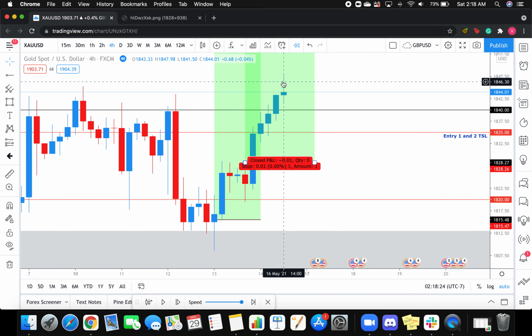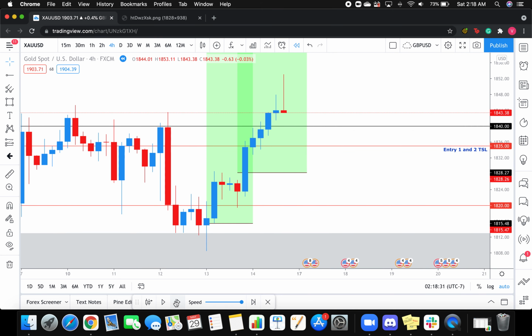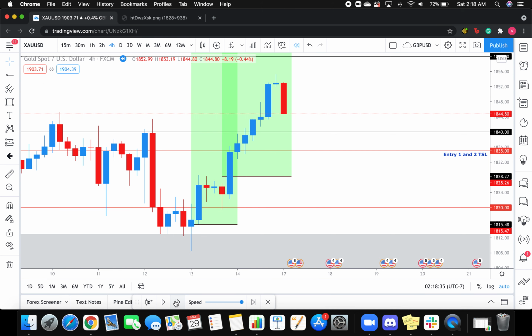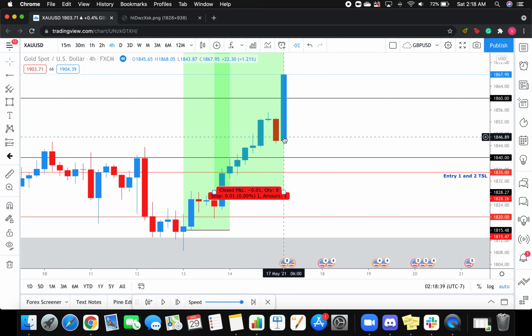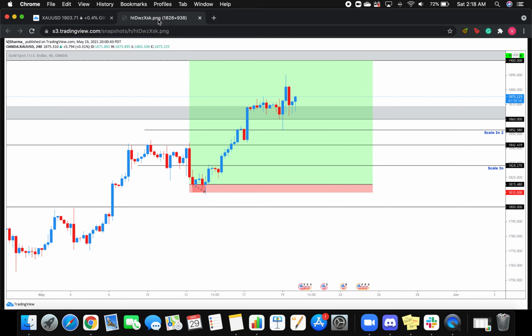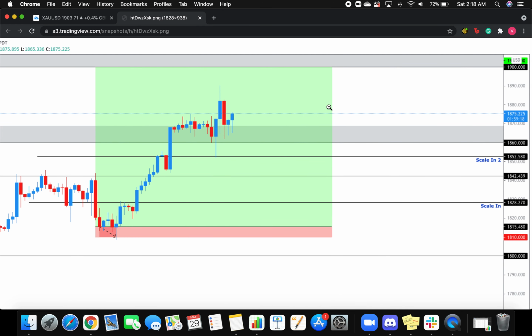Now we're going to wait for some sort of a pullback here again before we look for our third scale in, or our second scale in and third entry. So we got some pullbacks, and then finally when price broke above, we got our second scale in and our third entry at 1852.58.